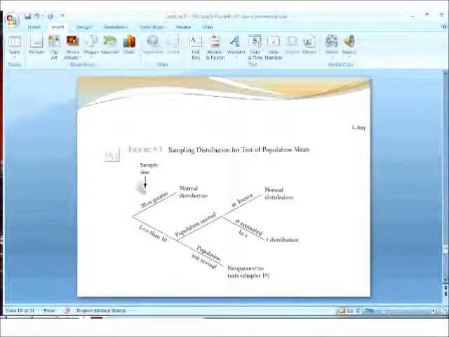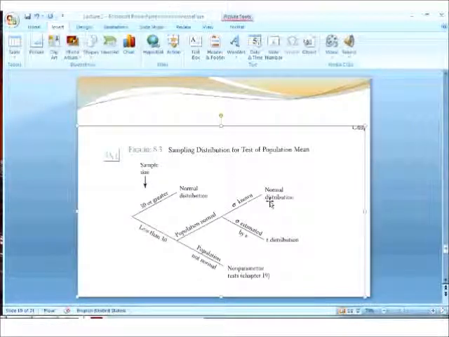Now this is an interesting chart that will be helpful for you as well, on what tests to conduct when. If you have 30 or more data points and your population follows a normal distribution, and your standard deviation is known, then again it's a normal distribution. If the population standard deviation is estimated based on the sample standard deviation, then you conduct a t-distribution.